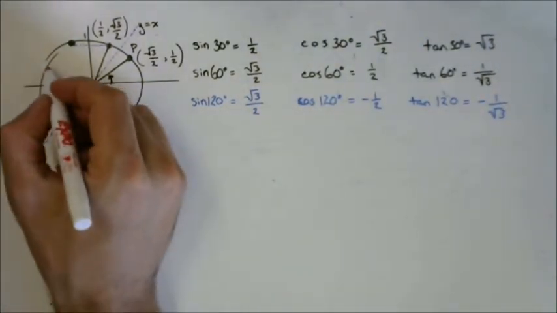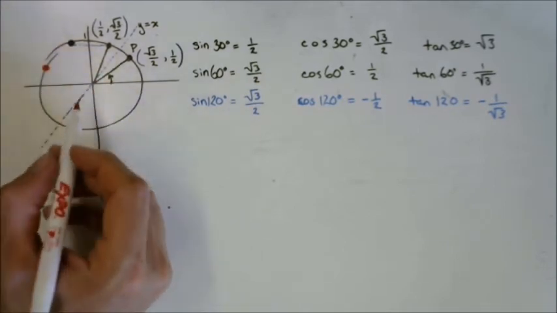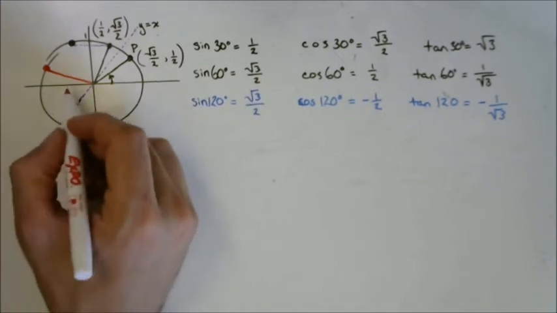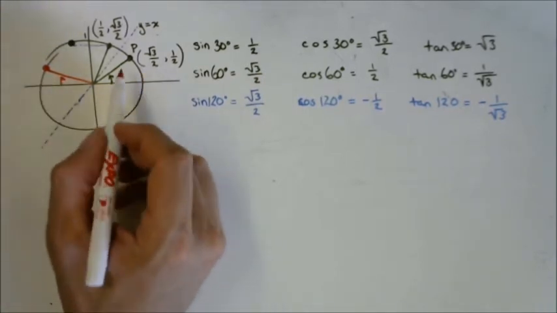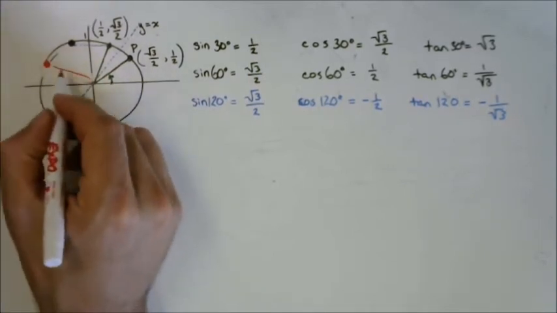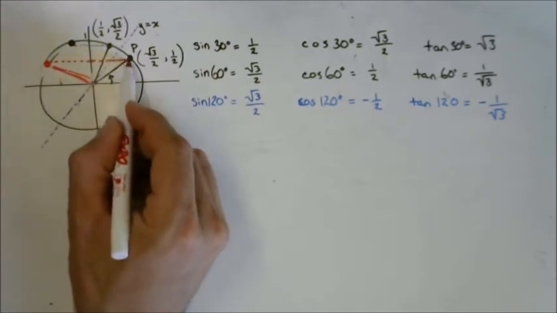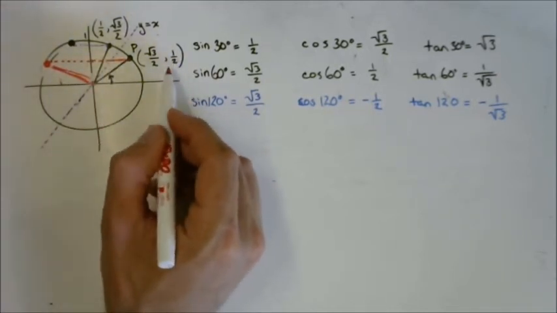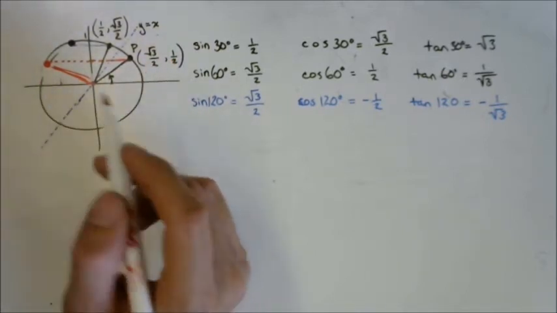Well, let's go ahead down here and we'll pass the 45-degree angle. We'll go down here to 180 minus 30, which is 150 degrees. And my diagram's not great, but you should see that it is the same height. So the y-coordinate will be the same as our original here. The x-coordinate will be the same, but negative, okay?